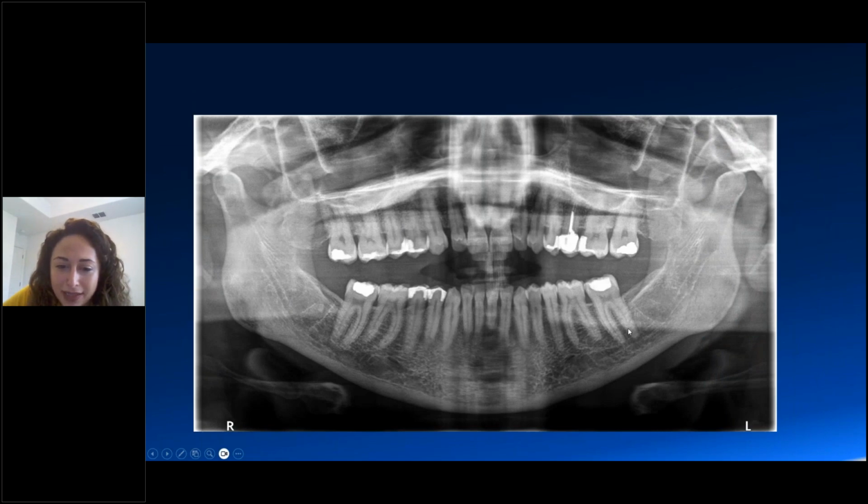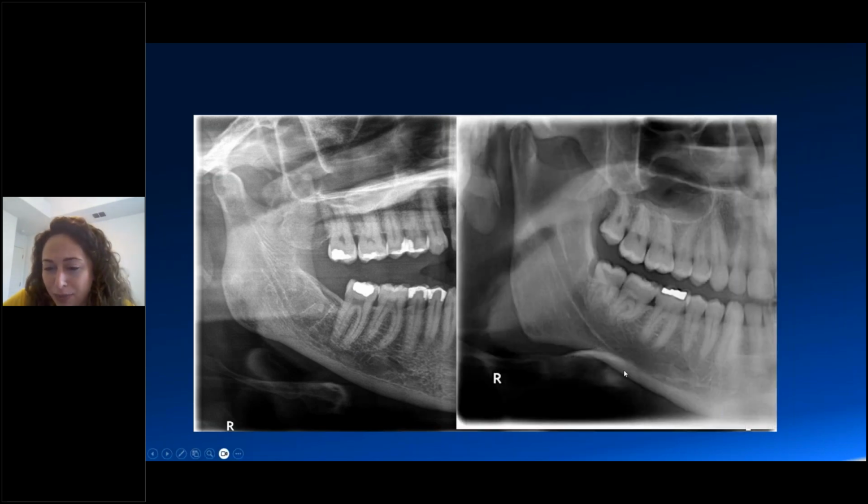Now if you look back at this pan, you might think, oh, okay, I see the widening in the posterior right mandible. I just didn't look enough the first time. But really, this can be a pronounced submandibular gland fossa. This could be the submandibular depression in the posterior mandible, and I'm sure you look at more pans than I do, you see these kinds of radiolucencies in the posterior mandible in every other pan.